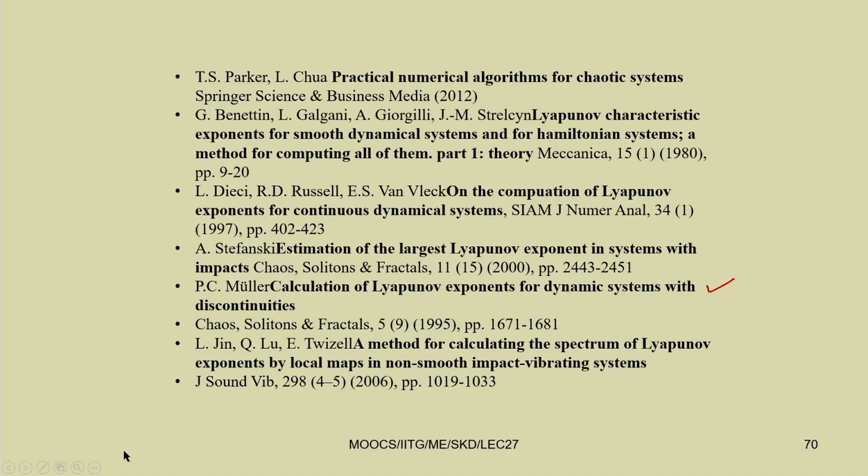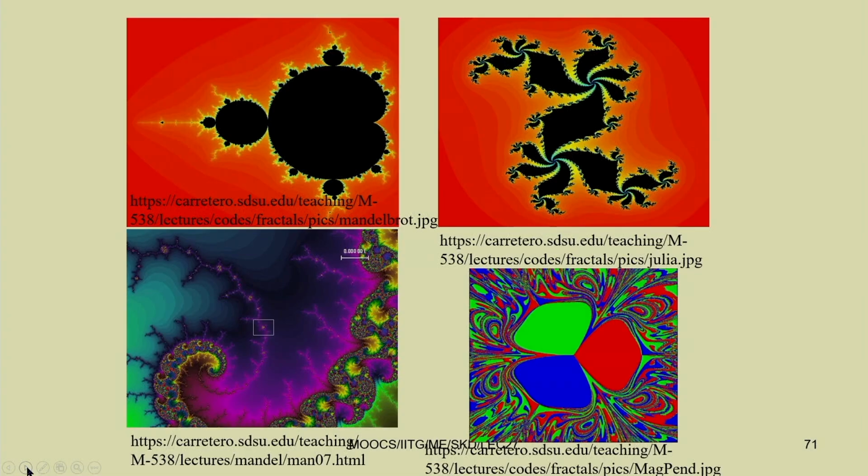Then there is a method for calculating the spectrum of Lyapunov exponents by Jean Theron, for the local map and non-smooth impact vibrating system, published in the Journal of Sound and Vibration.